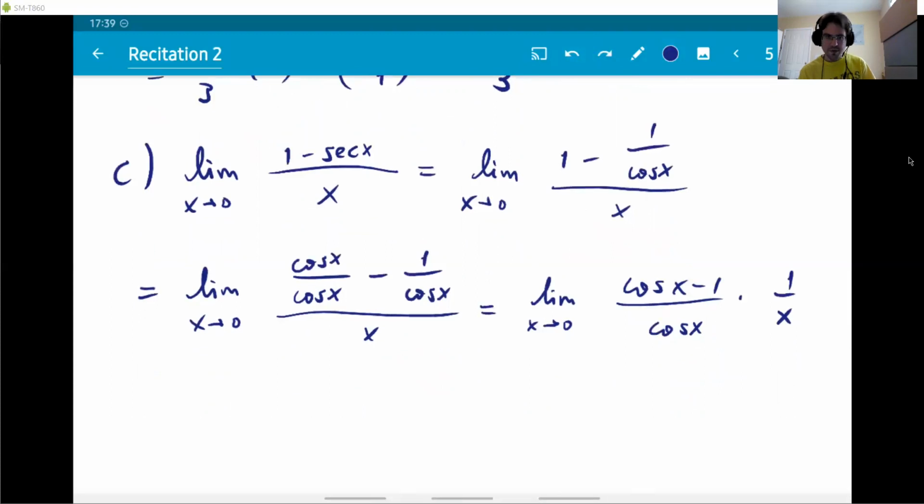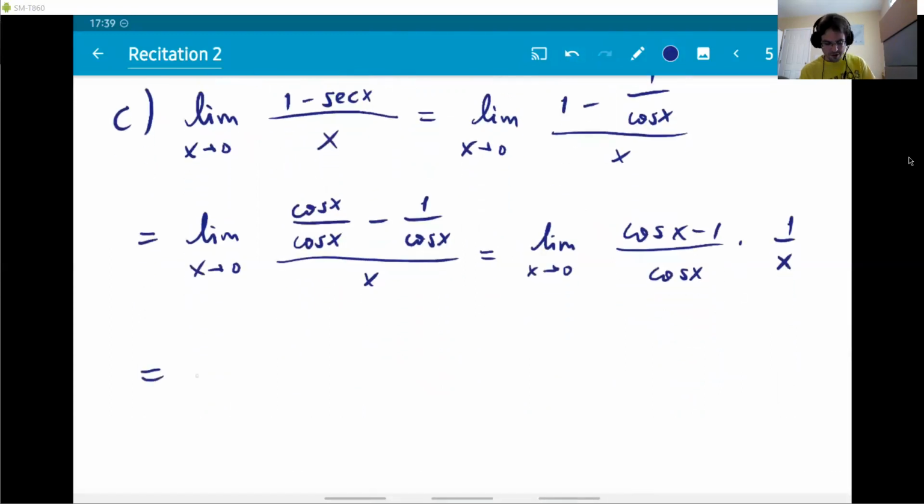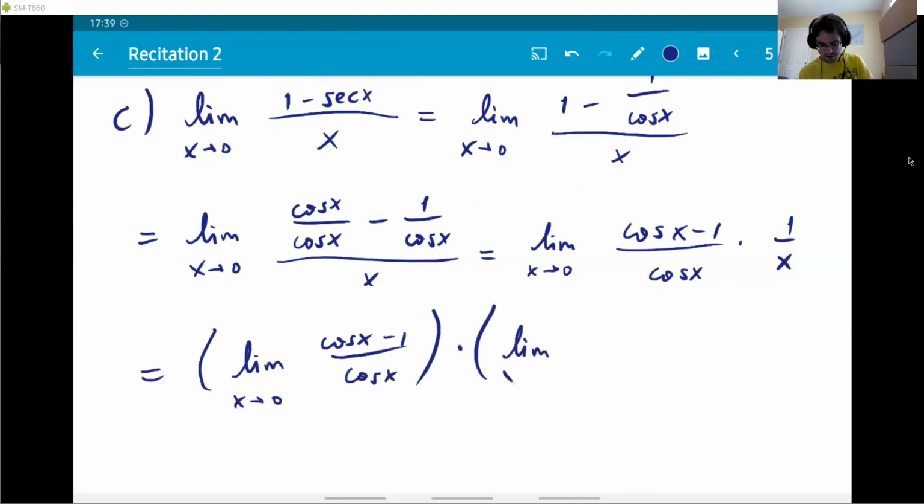Here's the thing now. If you try to write this, then you are wrong. Don't write this because I'm going to erase it. You might want to try this. But that's very bad. Remember, the limit of the product is the product of the limits as long as both exist.